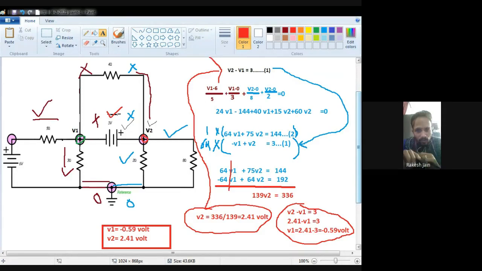Here nodes V1 and V2 create the supernode, so we neglect those branches which are directly between V1 and V2.